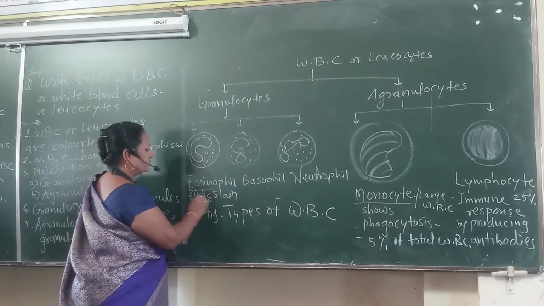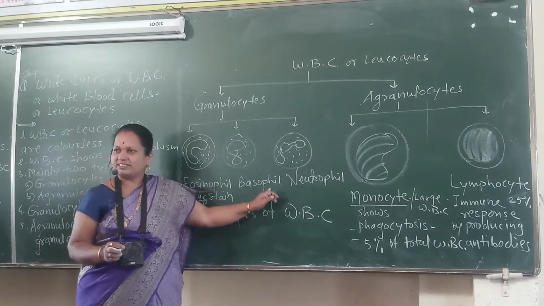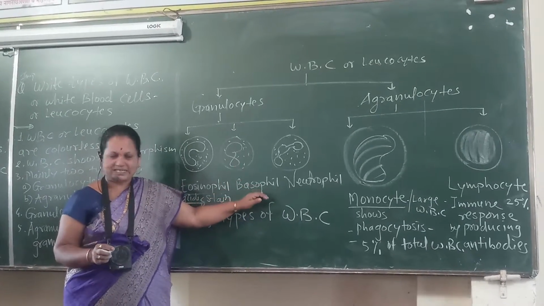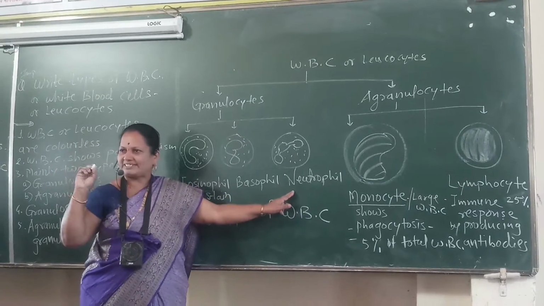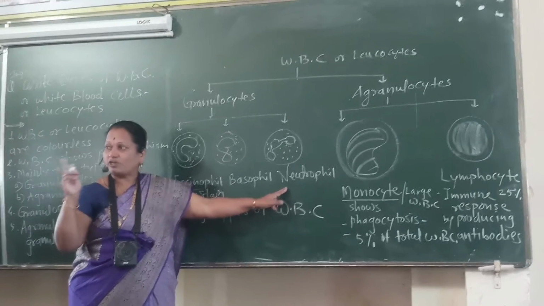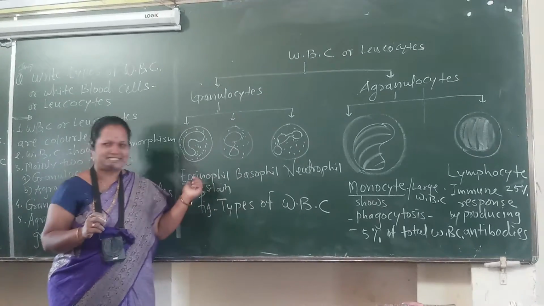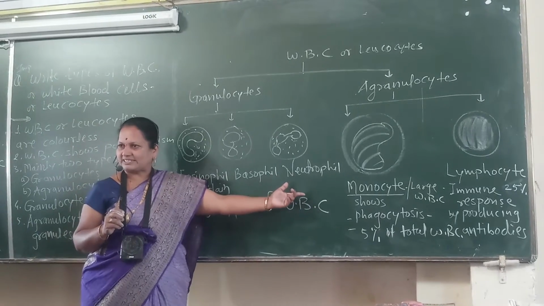Acidic stain gives color to the eosinophil. Basophil is stained with the help of basic stain, and neutrophil is stained with the help of neutral stain. There are three types of stains or colors or dyes. First type acidic stain, second type basic stain, and third type neutral stain.